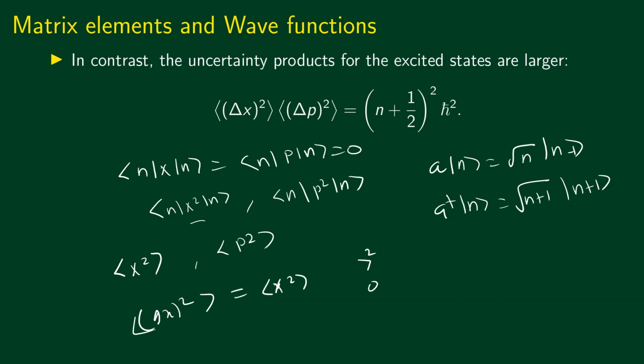So the dispersion in position is simply the expectation value of x square, which we calculated here. Similarly, the expectation value of delta p square is equal to the expectation value of p square itself. So please carry out this calculation, and it will give you some practice in working with the creation and annihilation operators. If you have any difficulty in the calculation, please let me know.